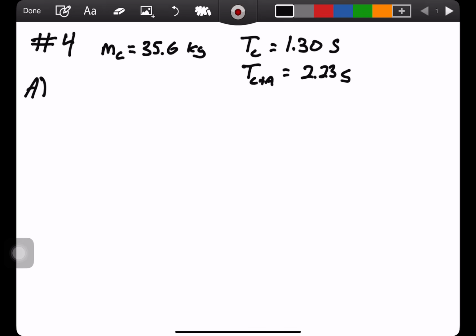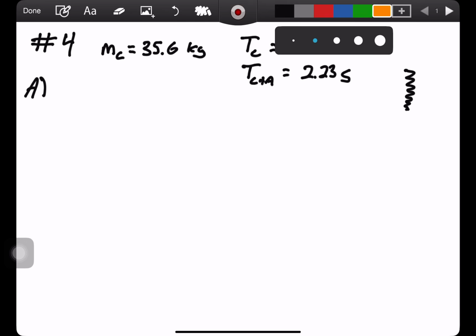Now, a little bit more detail here. You can think of that being a spring, and at first a chair is placed on this spring. The chair has some mass, which means the spring squishes a little bit, and because of Hooke's law, the spring is going to push back up on the chair that's being pulled down by gravity.